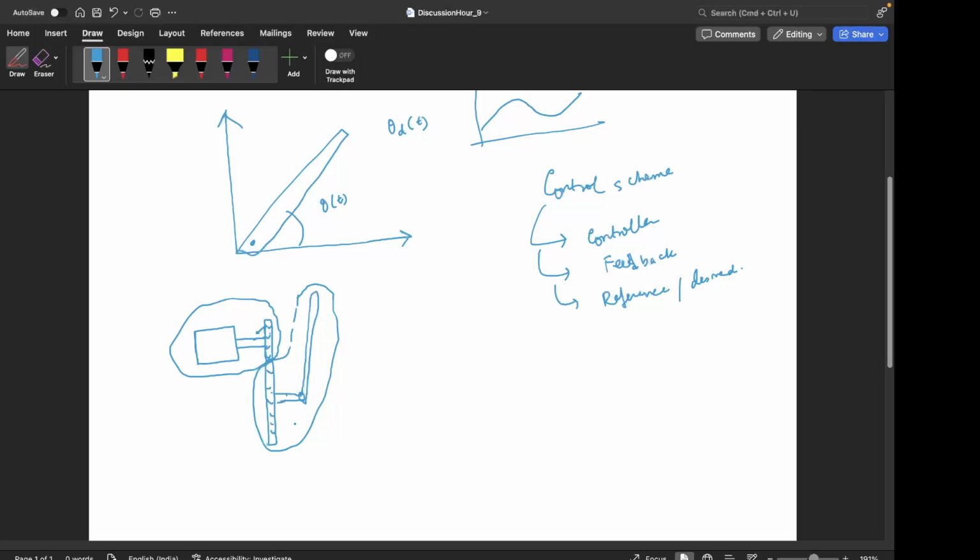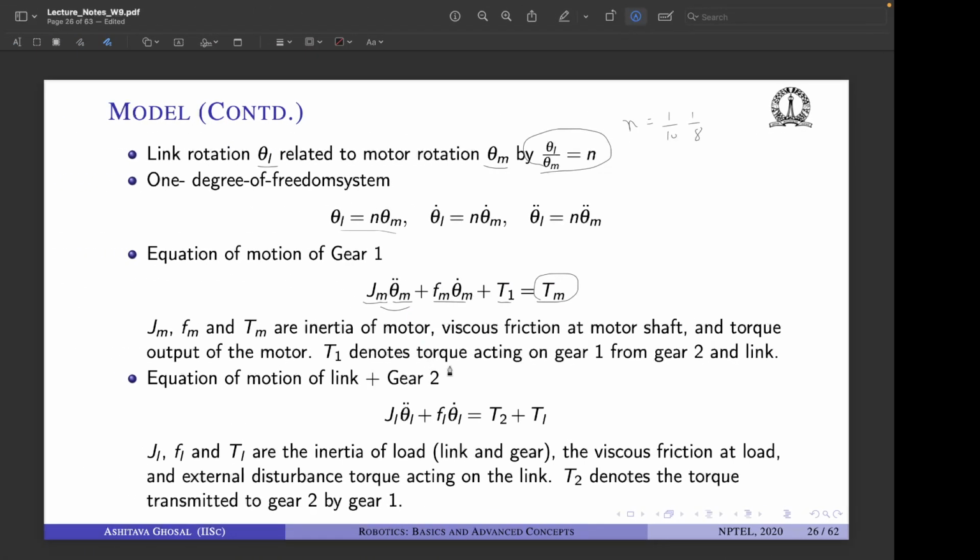So the output shaft and gear 2 are treated together, and the motor shaft and gear 1 are treated together, right? So for the link it should be JL, where JL is the inertia of, it's important to note, both the link and the gear, and similarly this is the friction term.